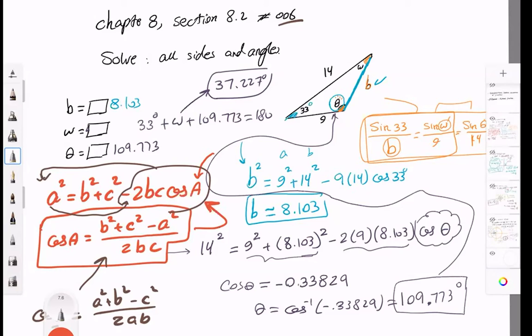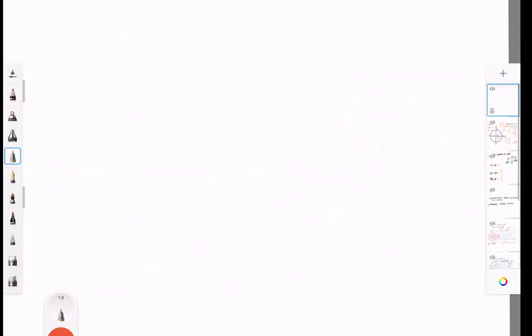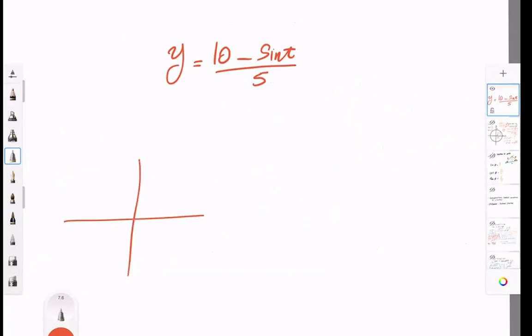They're saying find the amplitude. So we have y equal to 10 minus sine of t over 5. Correct. So find the amplitude and midline. When we have a periodic function, the period is what it repeats.